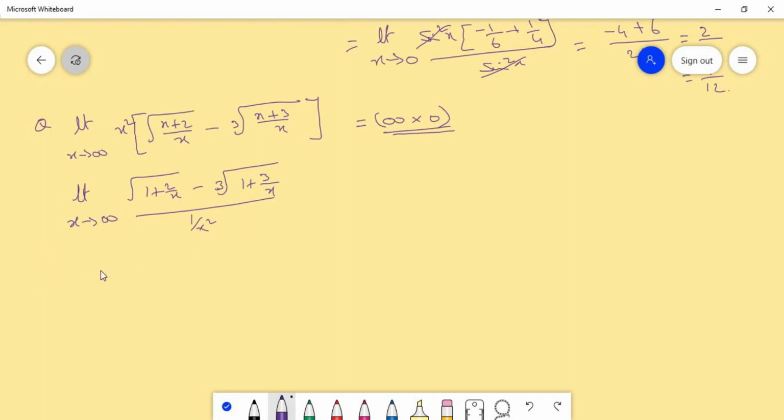Now, what I am doing here, limit x tends to infinity, (1 plus 2 by x) whole power 1 by 2 minus (1 plus 3 by x) whole power 1 by 3, whole divided by 1 by x square. Up to now you know already.